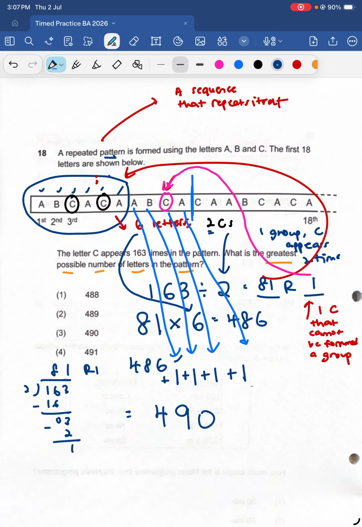This one represents the A here, this one represents the A over here, while this one represents the letter B. This represents the C, but we don't stop here because I can count one more letter. I can count one of the last letter A over here. That is why the answer is option 3.